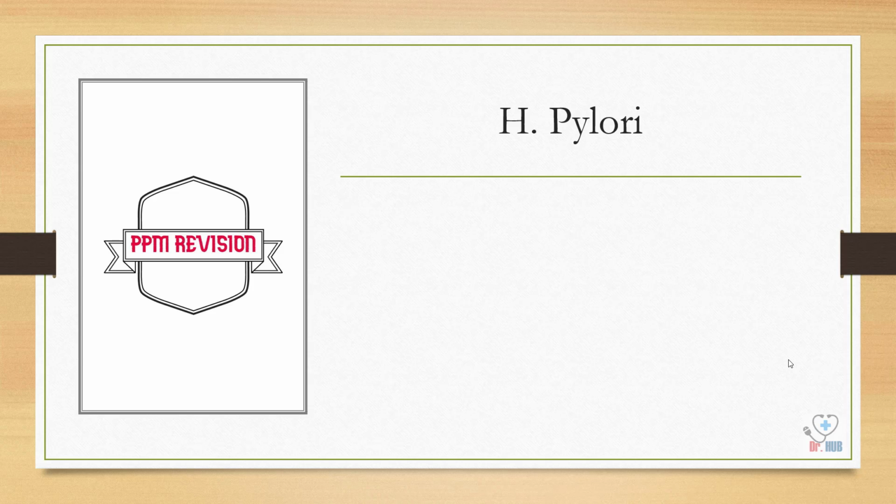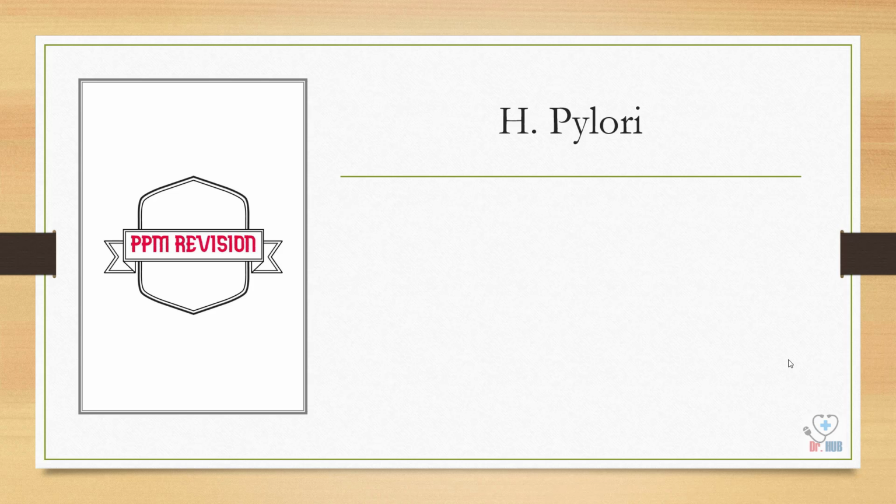In biopsy urease test, the pH is changed due to the production of ammonia, and here the mechanism is that the urea is broken down to ammonia in presence of the enzyme urease, which is produced by the organism. And in case of urea breath test, the principle is that more CO2 is produced.